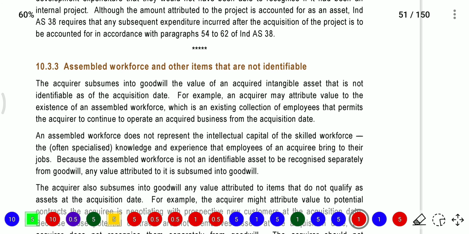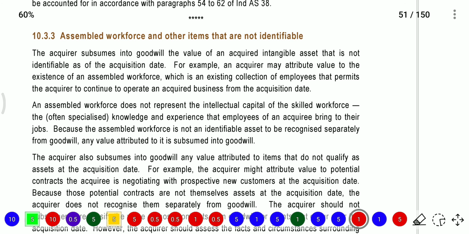Next, assembled workforce and other items that are not identifiable. Here the acquirer subsumes into goodwill some value of the acquired intangibles. For example, the acquirer may attribute value to the existence of an assembled workforce.